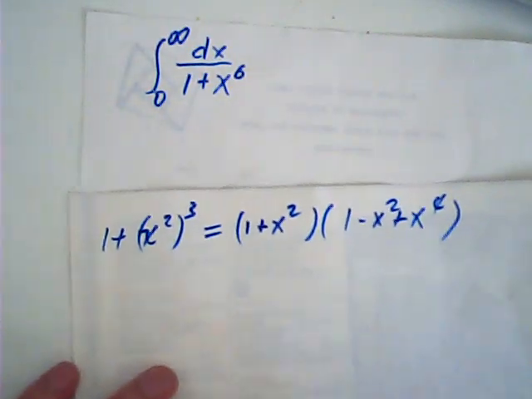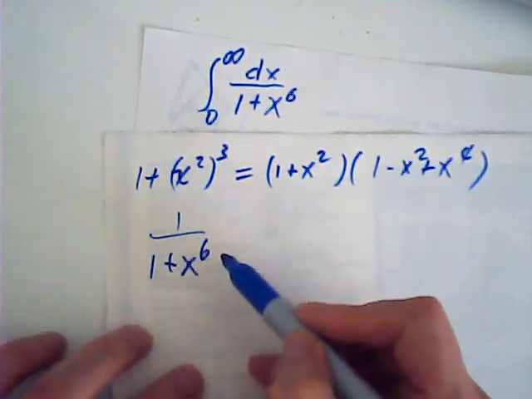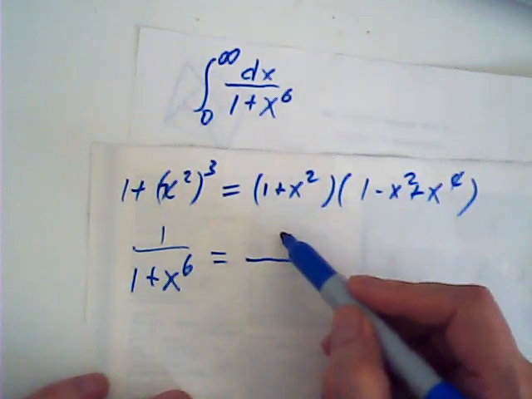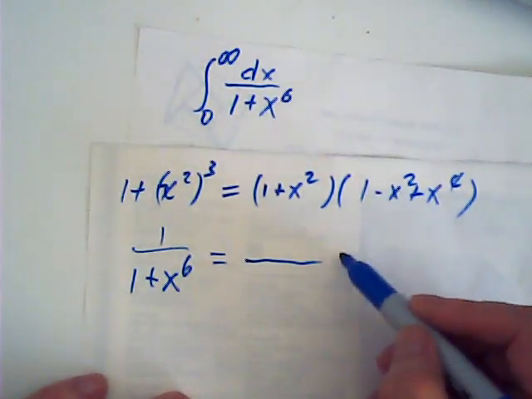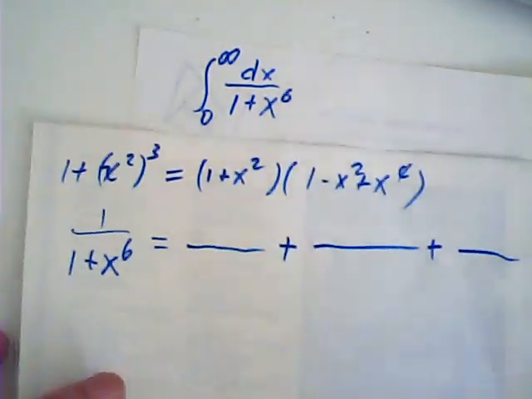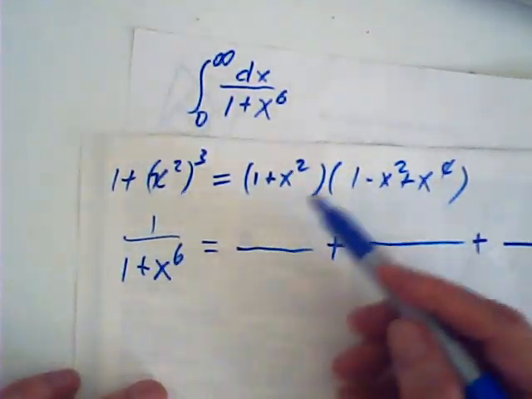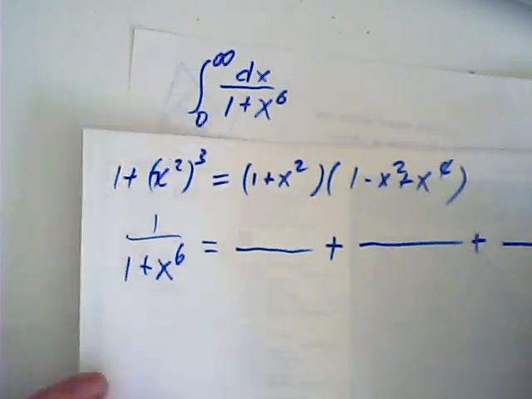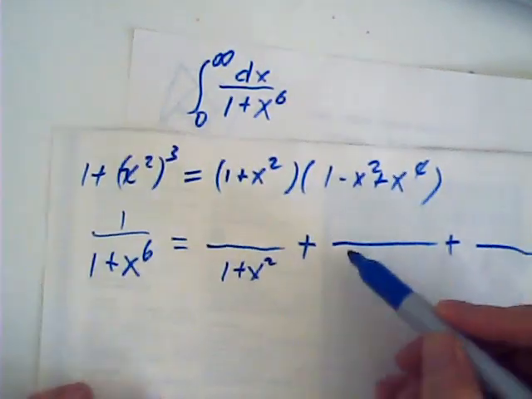So 1 over x to the power 6 is equal to, by partial fractions, yes. This one is irreducible, okay?